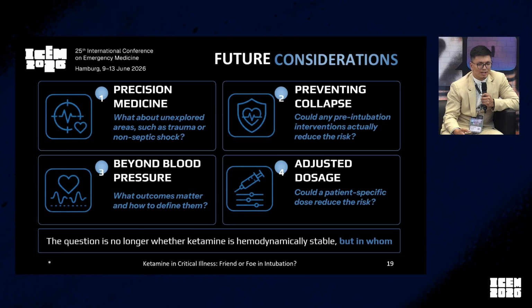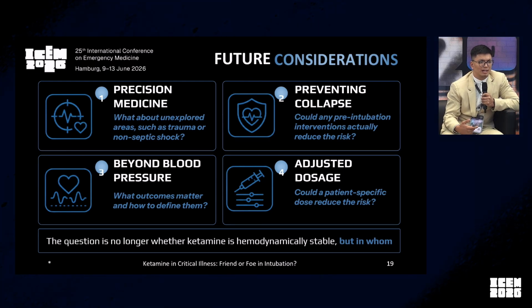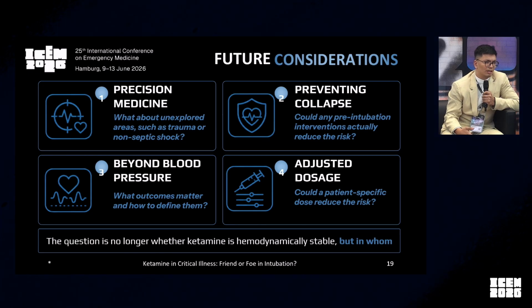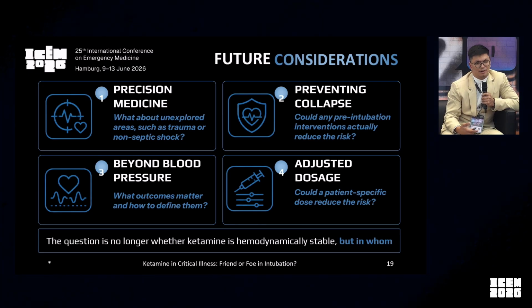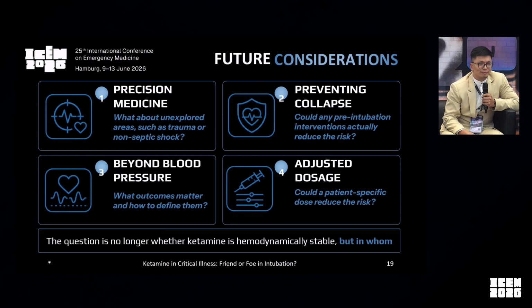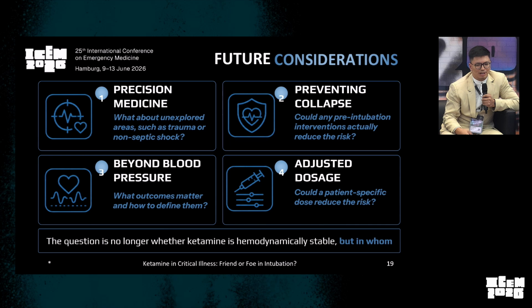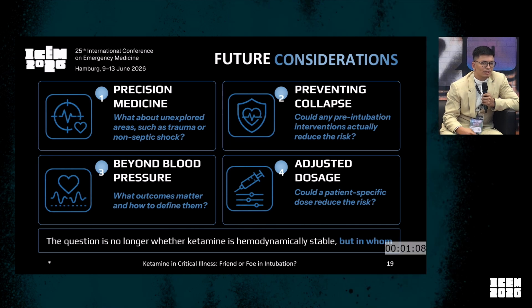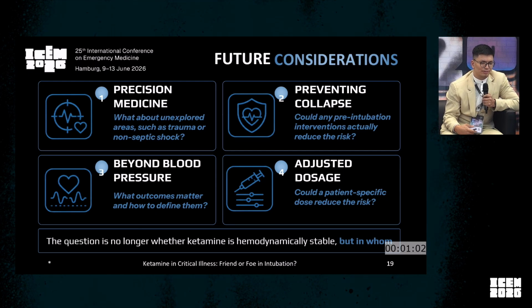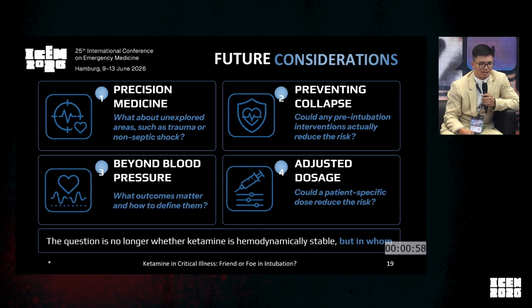What about unexplored areas like trauma or any other kind of non-septic shock, like cardiogenic shock or neurogenic shock? The discussion about the frequency of cardiac collapse should move forward to any intervention to prevent collapse, like fluids, like vasopressors.